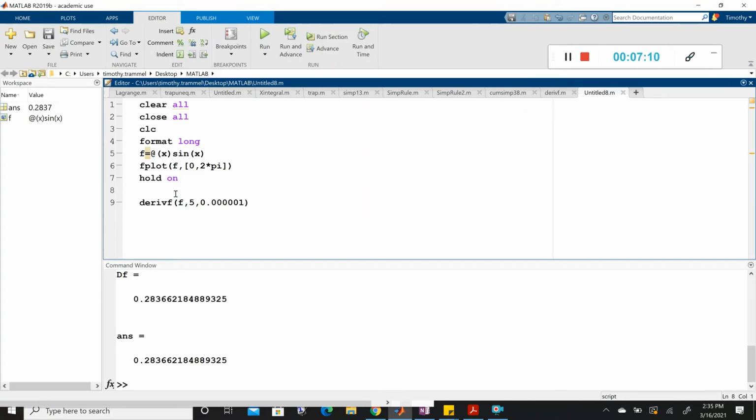And we know that the derivative should look like cosine of x, but let's use our derivative function to compute those values. So let me say f prime is equal to, and let's make our variable x here.